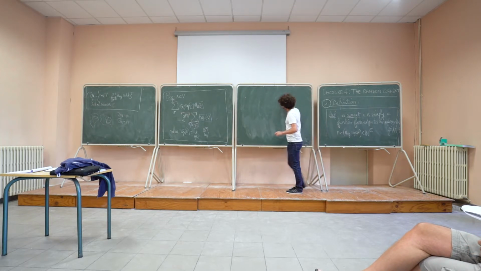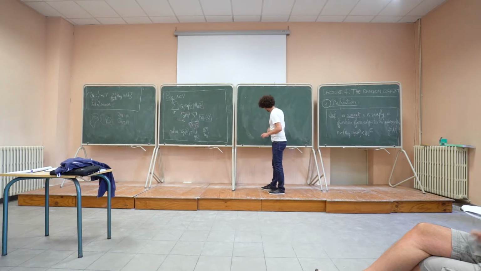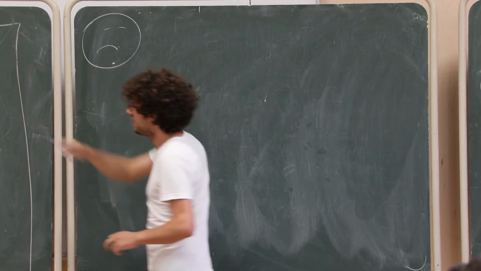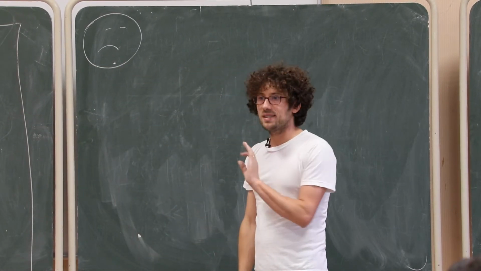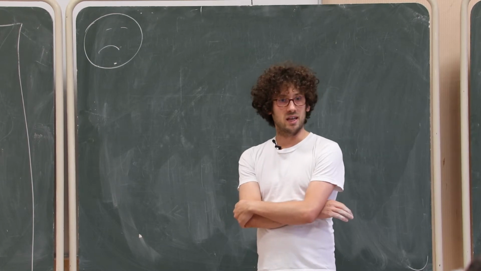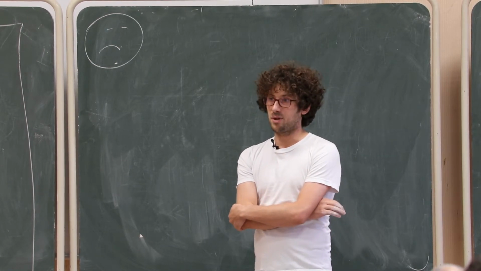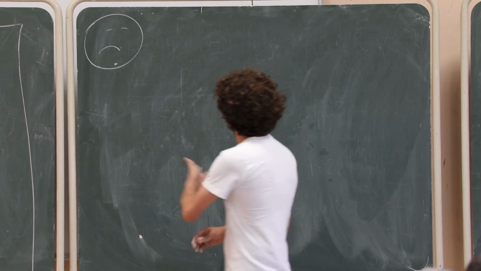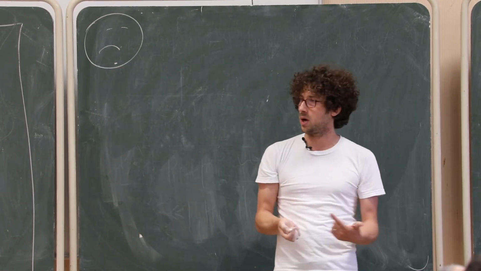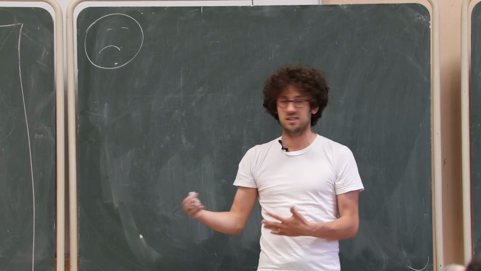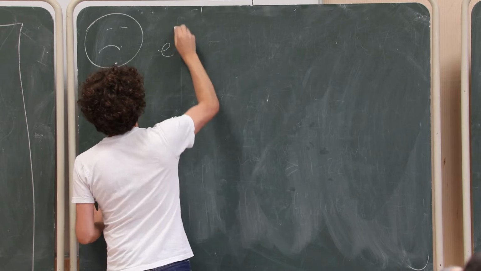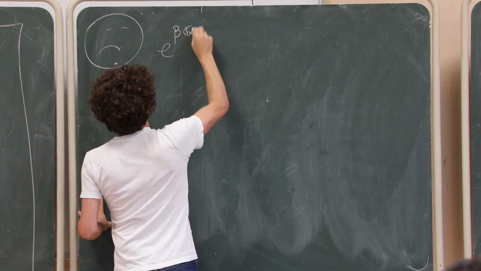So how do you get this? Well, you do exactly, but really exactly like in the case of the high temperature expansion, except that instead of using that exponential of beta sigma_x sigma_y is cosh beta plus sigma_x sigma_y sinh beta, you just use something even simpler, which is a Taylor expansion.